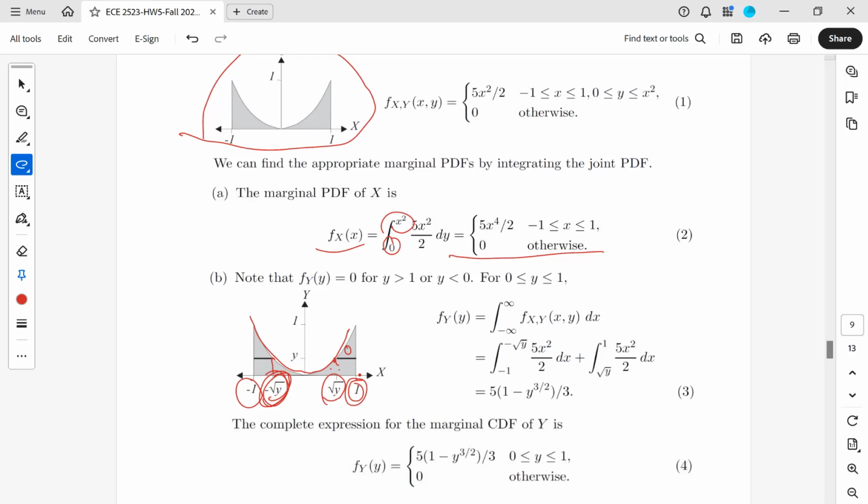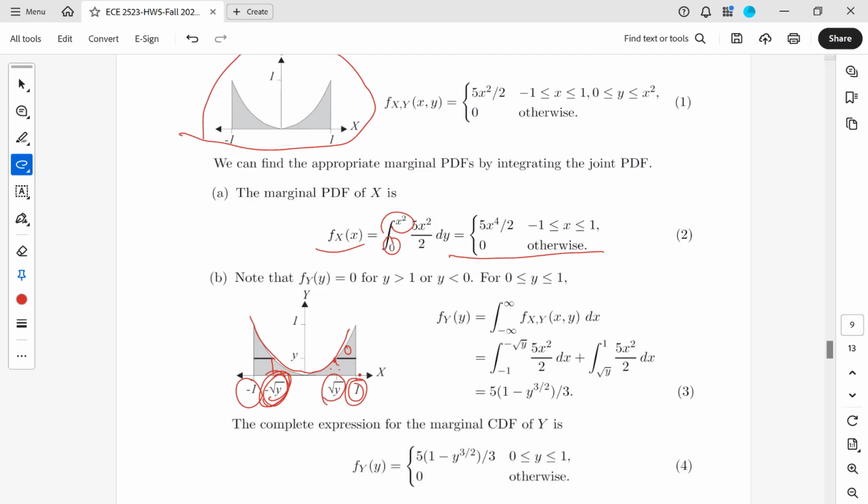Overall, x generally changes from -1 to 1. But the condition that we have in the PDF would limit x again to the square root of y, because y should be lower than x squared, meaning the amplitude of x should be higher than the square root of y. Either x is less than minus the square root of y or more than the square root of y.